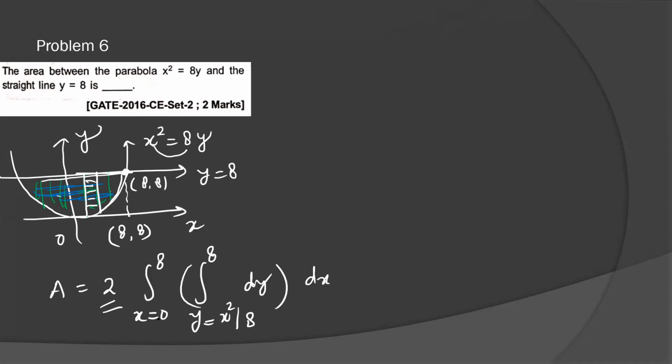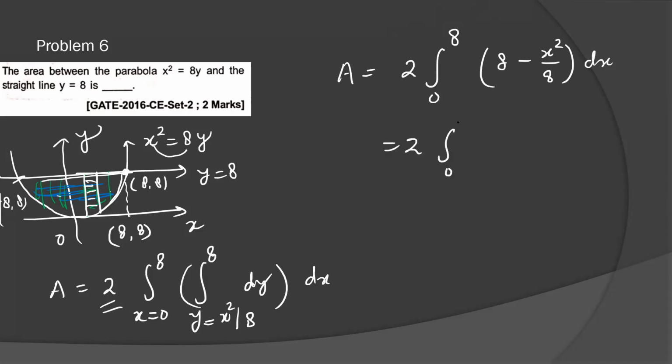Or if we take the limit of x from minus 8 to plus 8, then there is no need to take twice. It will become twice the integral from 0 to 8 of (8 minus x square) by 8 dx. So it will become twice 0 to 8, 8x minus x cube by 24, and the limit of x is from 0 to 8.